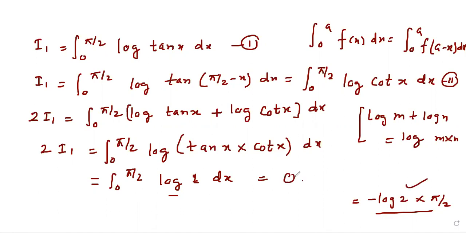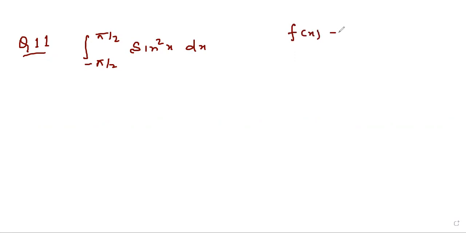Now let's go to question number 11. Question number 11 says integration from minus pi by 2 to pi by 2 of sine square x dx. Here we are going to use another property. So we consider f(x), suppose this is sine square x.